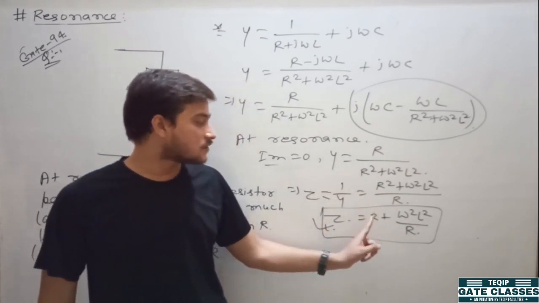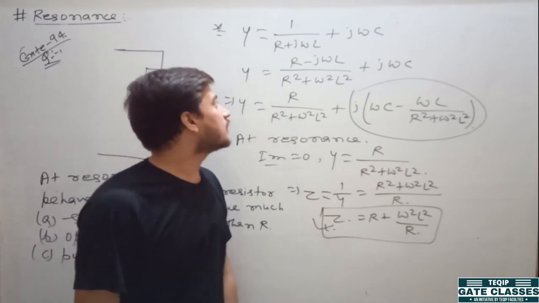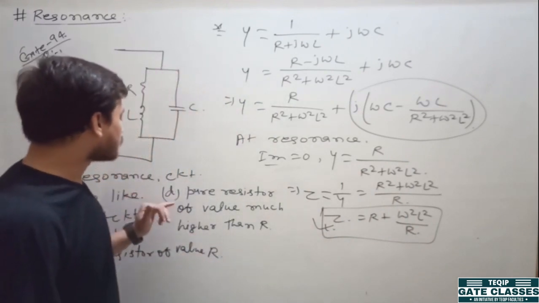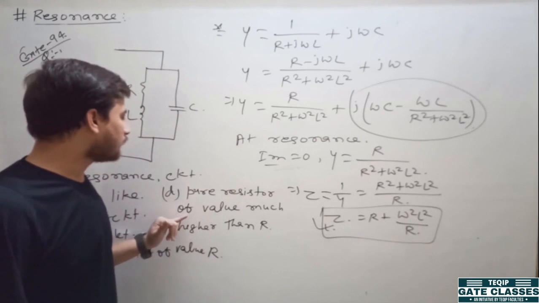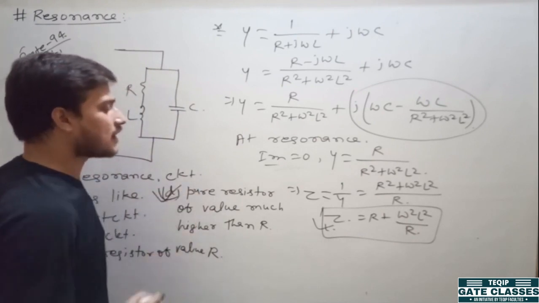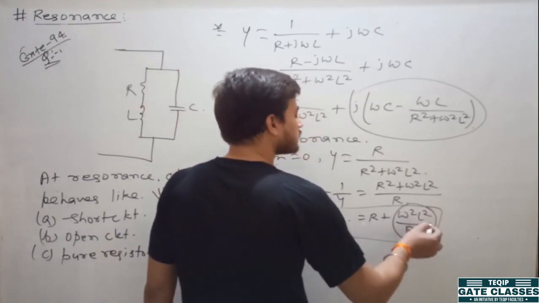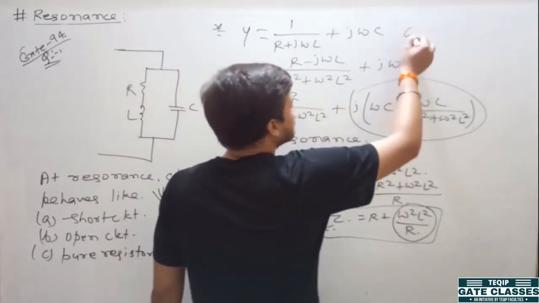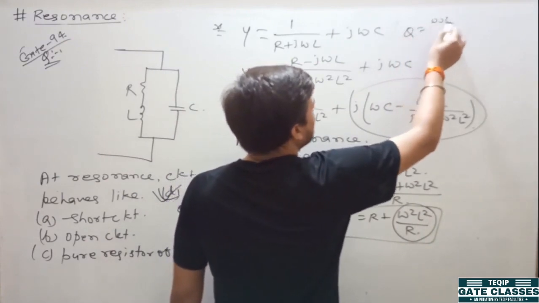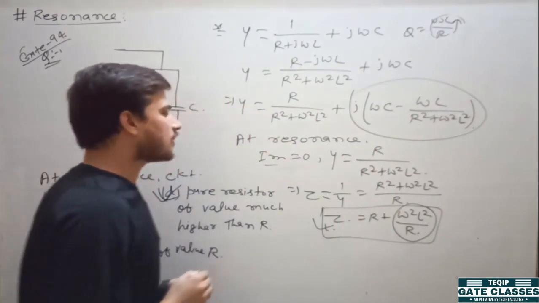Here its value is R plus omega square L square by R. So you see the fourth option is pure resistor of value much higher than R. This option is correct because omega square L square by R is much higher. You know quality factor is equal to omega naught L by R, and the quality factor itself is much greater than 1.